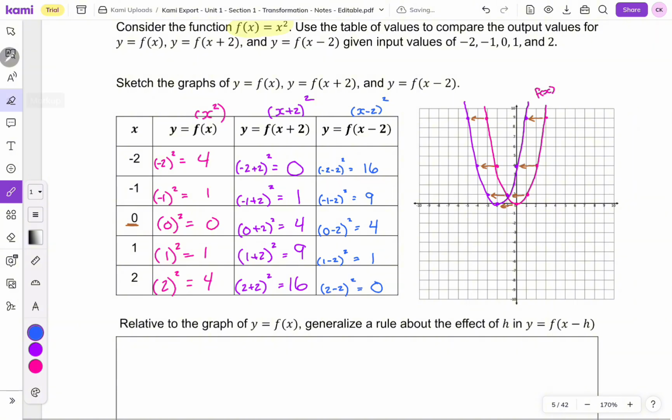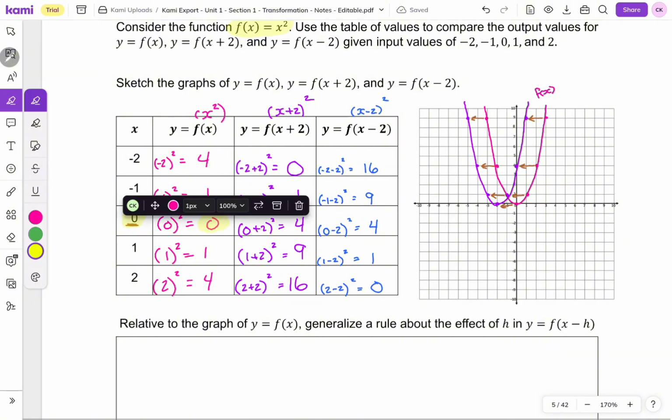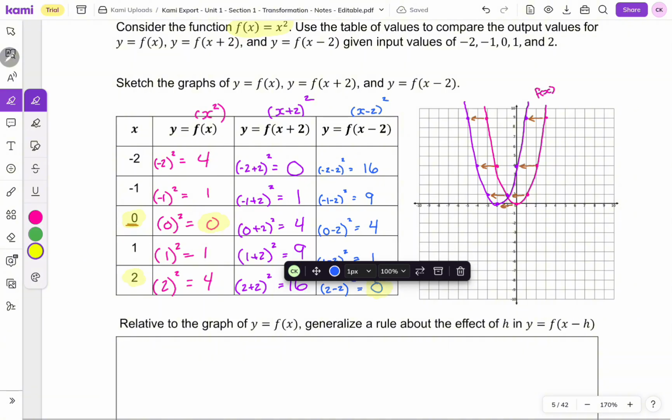So you can again see if we're comparing outputs. It used to be I needed an input of 0 to get an output of 0. In my new function, my adjusted function, now I need an input of 2 to get that same output. So my input is now 2 bigger than it was in my parent function.